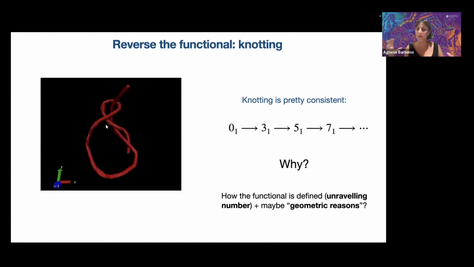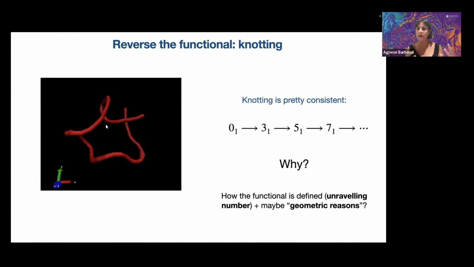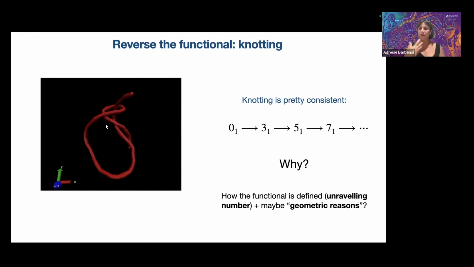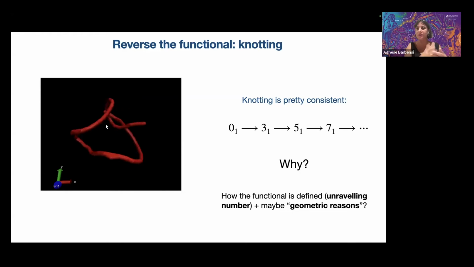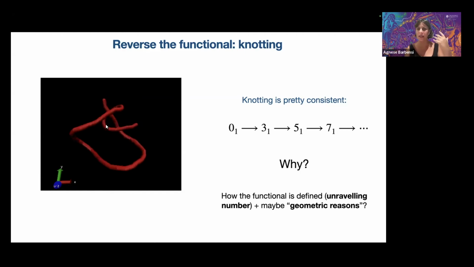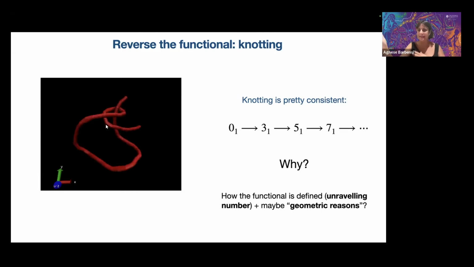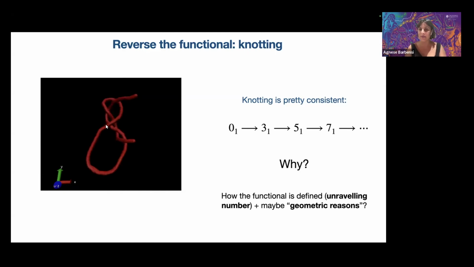So said in a more brief way, we think that one of the reasons why we were observing this behavior had to do with the local geometric properties of the configurations allowed by the physical modeling, achieved by the physical modeling at the beginning of the simulation, and then obviously also by the definition of our topological complexity.